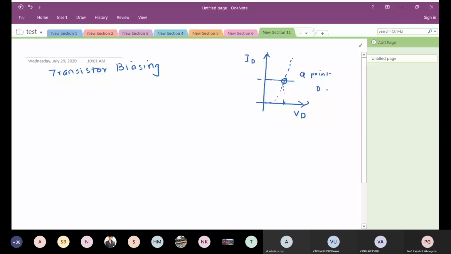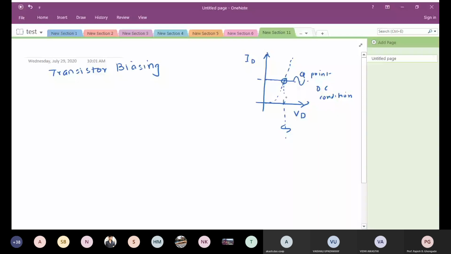And later on, I said that we are having dynamic characteristics also for the diode. If you remember, there was a tangent here, and then I superimposed a voltage over here, and then a voltage at this point, and I was getting some output like this.